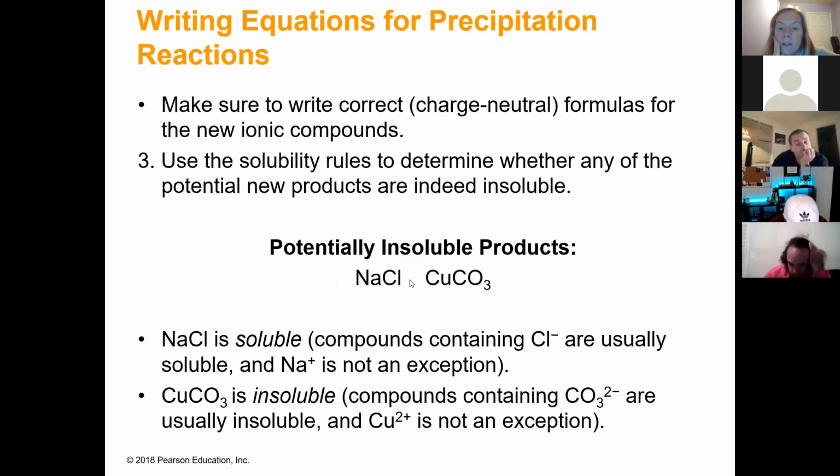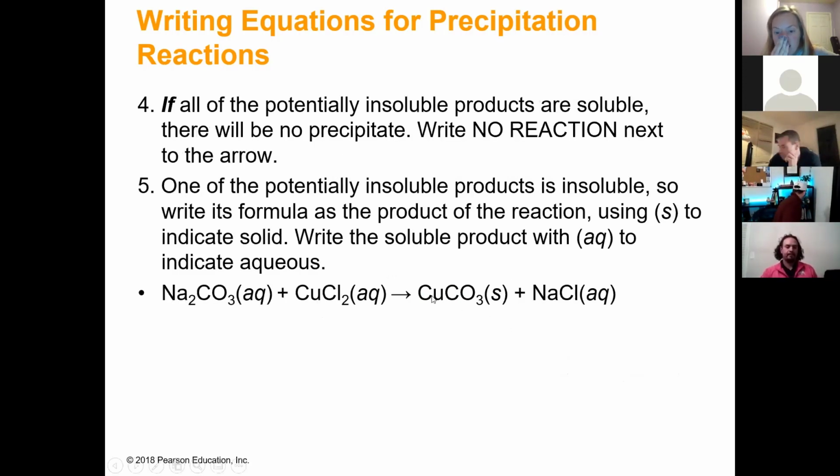So these were our potential products, and we found that that was in fact a solid.